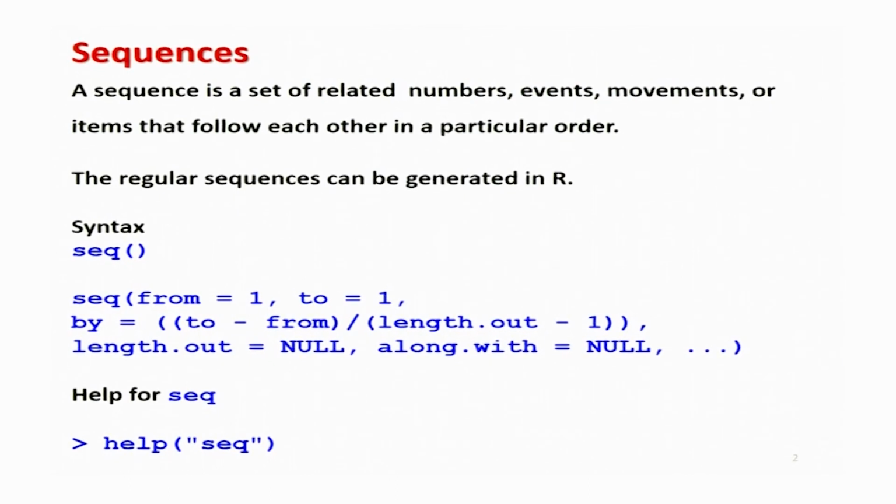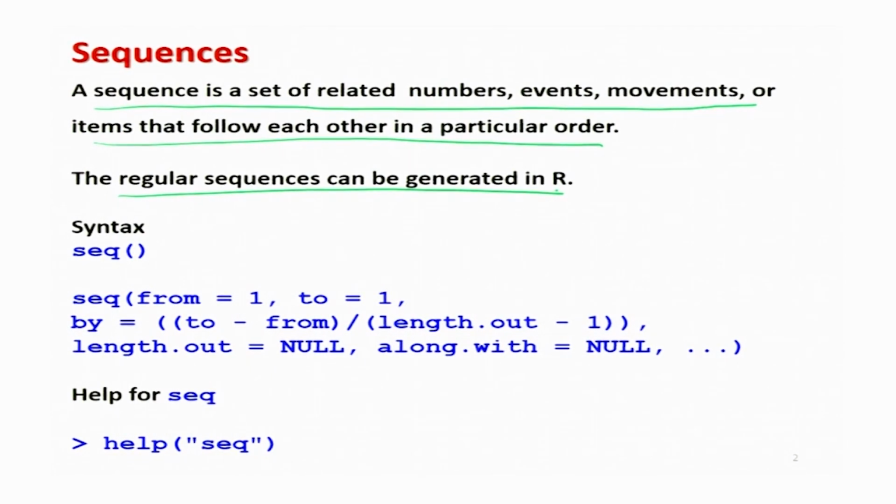Now, if you try to see here, what is a sequence? Sequence is essentially a set of related numbers, events, movements, or even items that follow each other in a particular order, particular fashion, particular way. And the usual regular sequences can be generated in R without any difficulty. And the command to generate such sequences is seq. And inside the parenthesis, you have to write the different types of values, parameters, and related options.